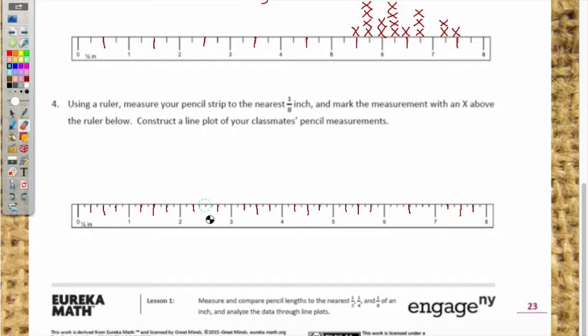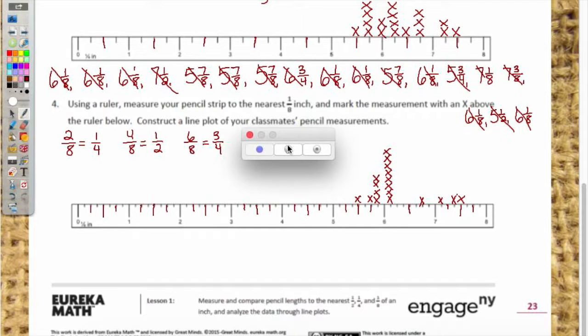Okay, and I gotta fix a couple of these. So now these are divided into 8s. On your ruler, it goes actually to 16ths. All right. I'm gonna give everyone a few seconds to figure out their measurement. Okay, hopefully I got it right this time.